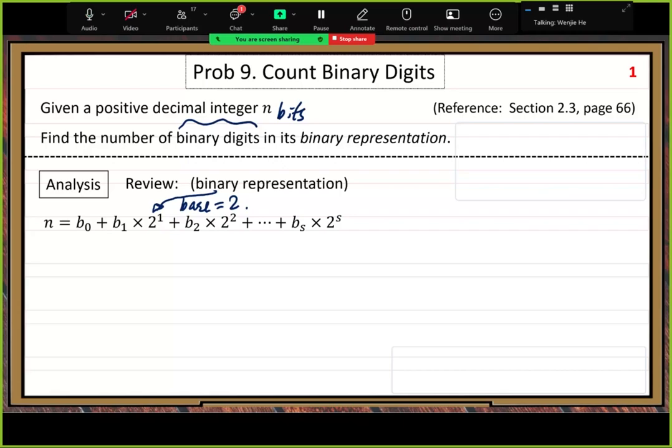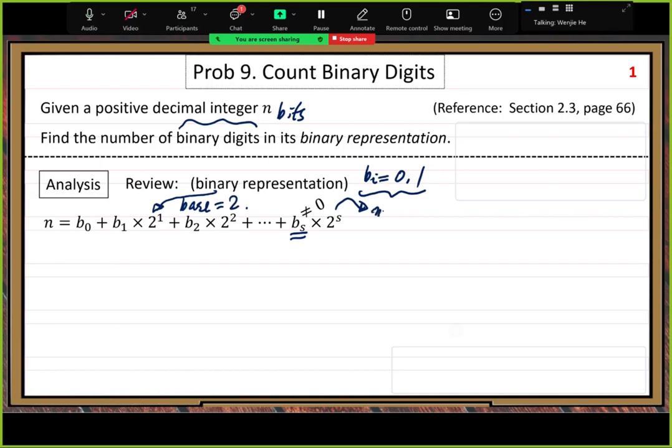So here is the binary representation. Each b sub i can only take 0 or 1, bits. Our last bit, b sub S, corresponds to the most significant position, because it corresponds to the largest power of 2.